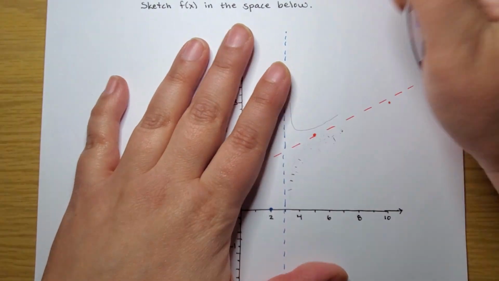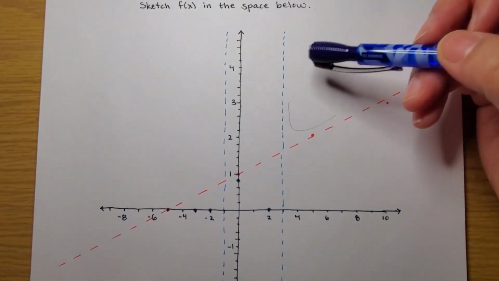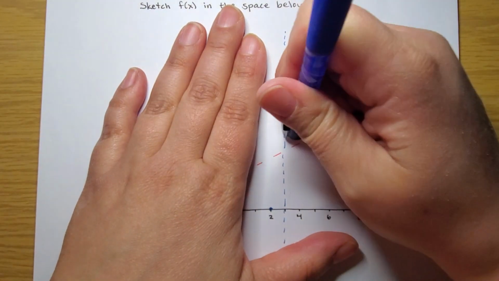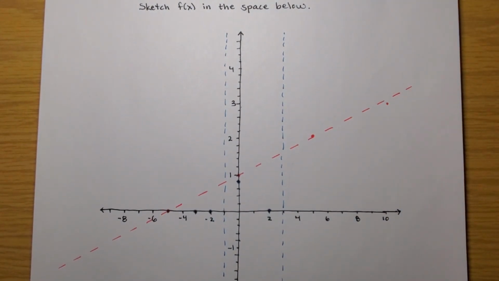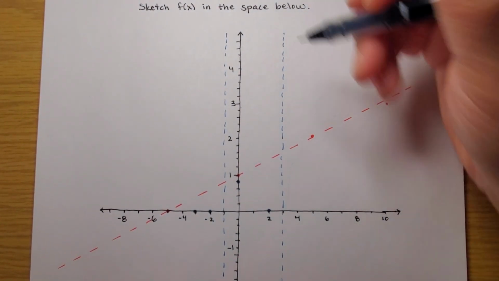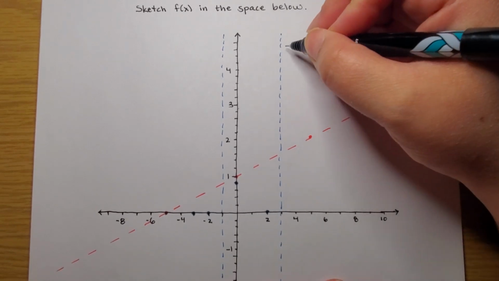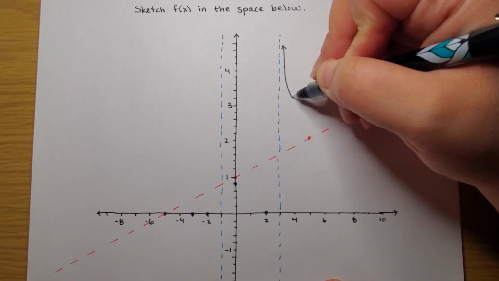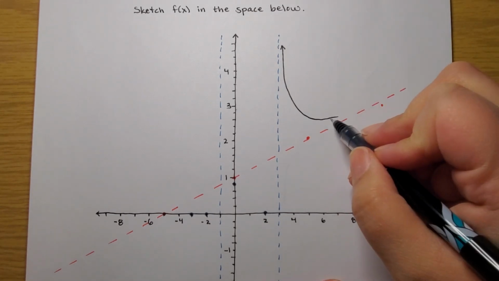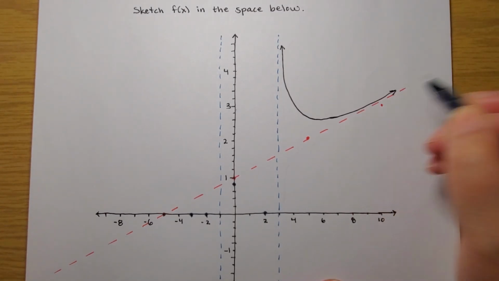Now, I don't know any points up in this region since they didn't tell me, so I'm going to graph the function up there, but I'm just going to essentially use some guidance here. So I know it's going to get close to this vertical asymptote, and at some point it's going to turn around and start to follow this oblique asymptote.